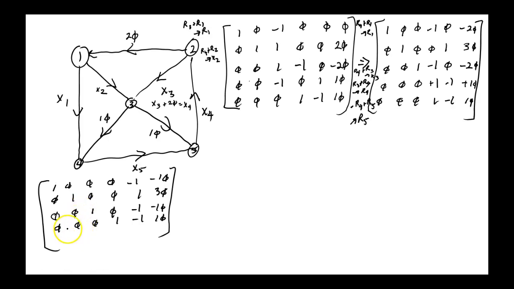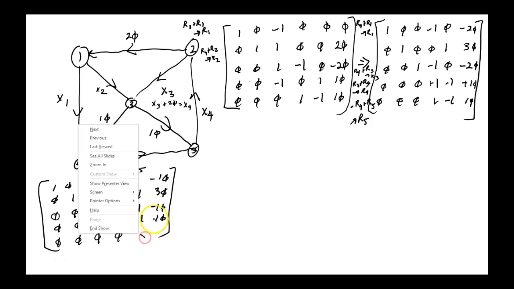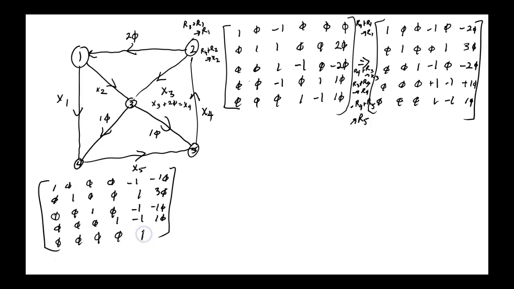So, what will that new row 5 be? 0, 0, 0, 0, 0, 0.